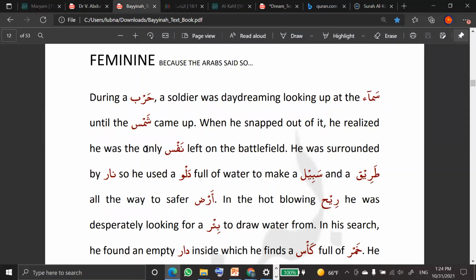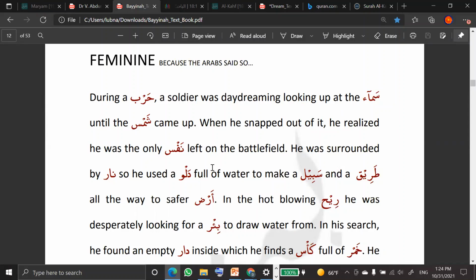Can you just read it? During harb, a soldier was daydreaming, looking up at the, what is that word? Sama. Okay.